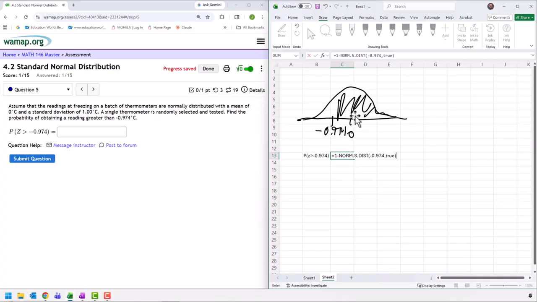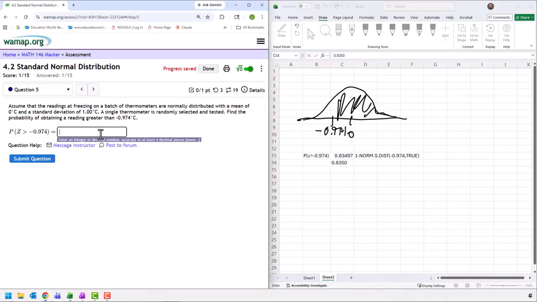So we're using this idea of a complement, and what we're actually finding with our Excel function is this area here. And the whole area under the curve is 1, so we're going to do 1 minus that to get the area to the right. And this is why it's important that we draw a picture. So we're really going to have 0.8350 as our probability.